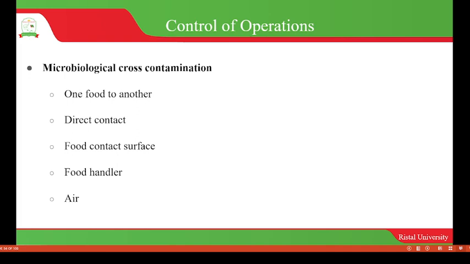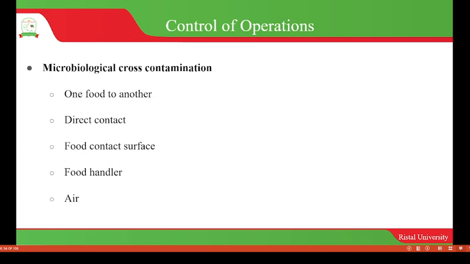Then there has to be also control of microbiological cross contamination during the process of operation, and the microbial cross contamination can be as a result of one food contaminating another food.